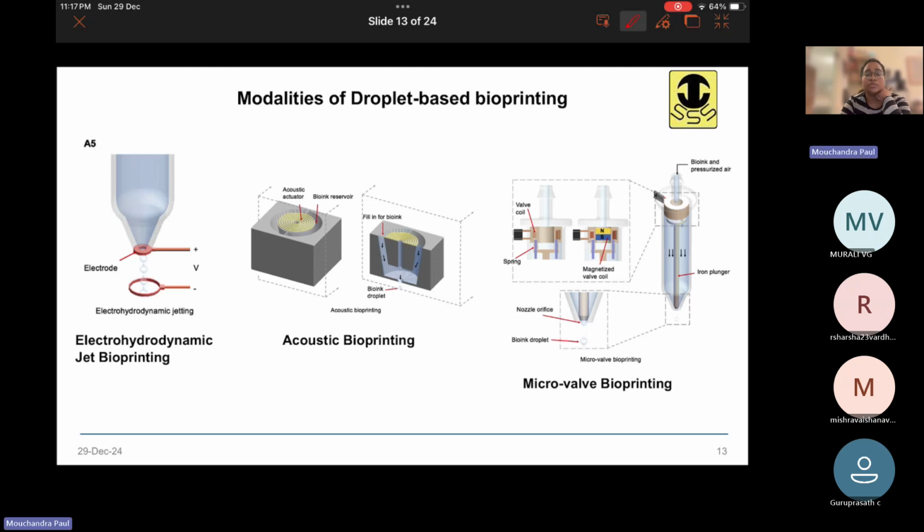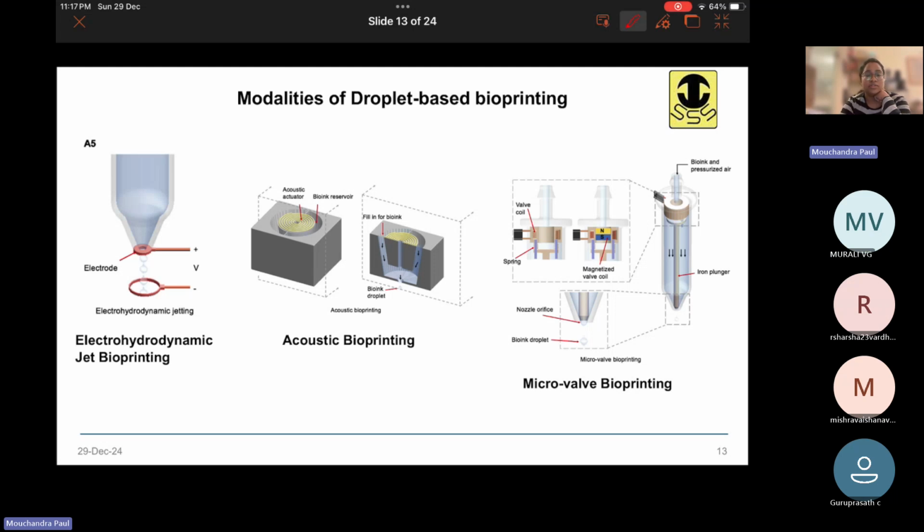You can also use a microvalve system in order to create droplets for bioprinting. Here, the microvalve is connected to some electric field and magnetic field components that help in movement of the plunger that is connected to this microvalve. As the plunger moves up, the tip of the cartridge becomes open for bioink ejection.